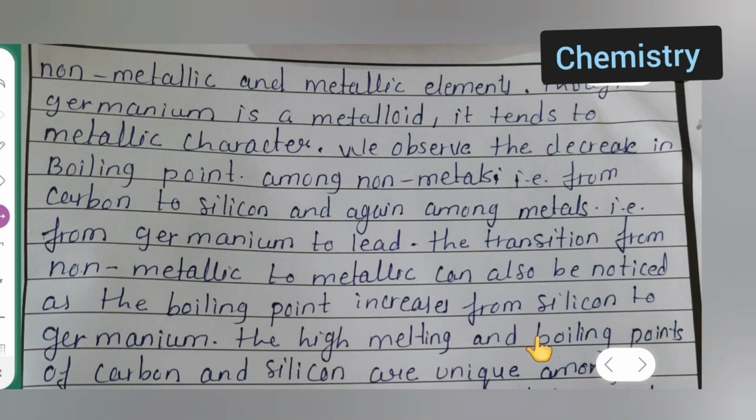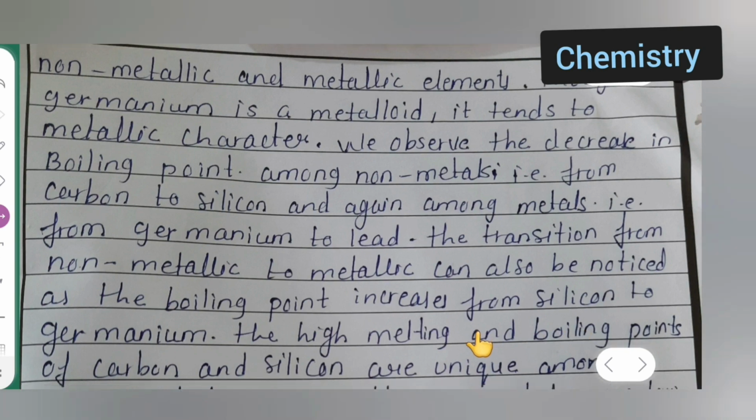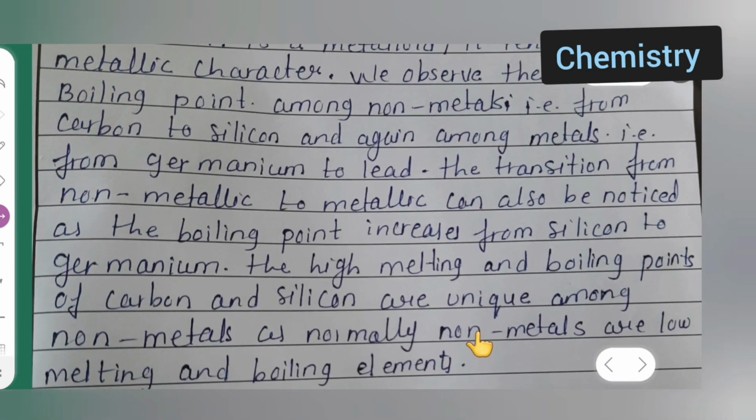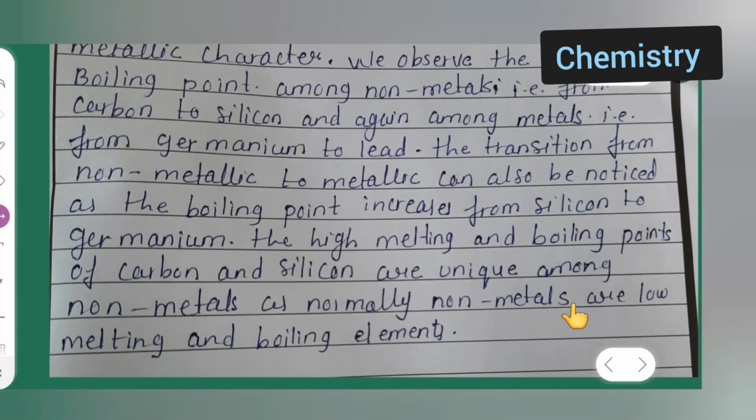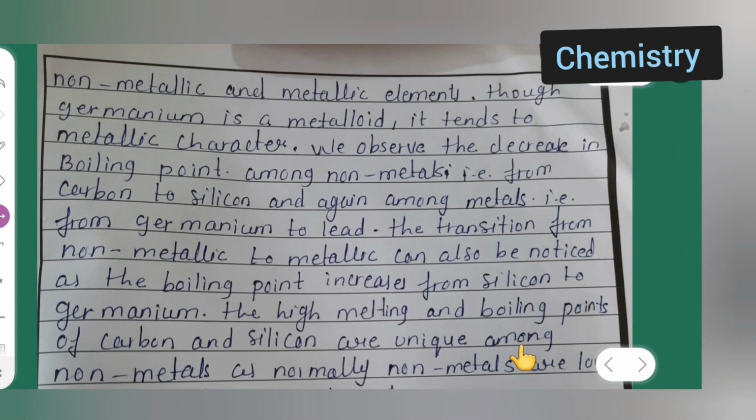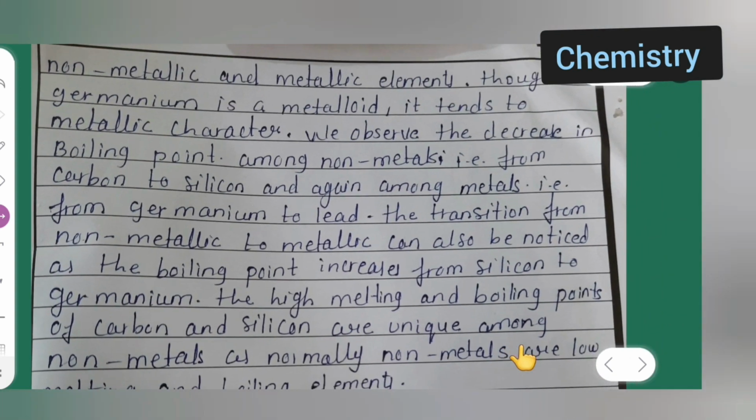The high melting and boiling points of carbon and silicon are unique among non-metals, as normally non-metals have low melting and boiling points. Okay, so you all can take down the continuation of the boiling point also. I hope you all can see this clearly.